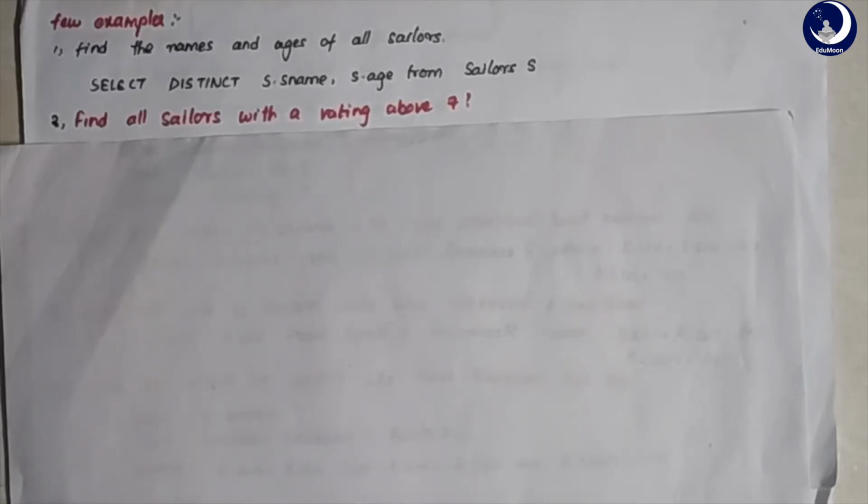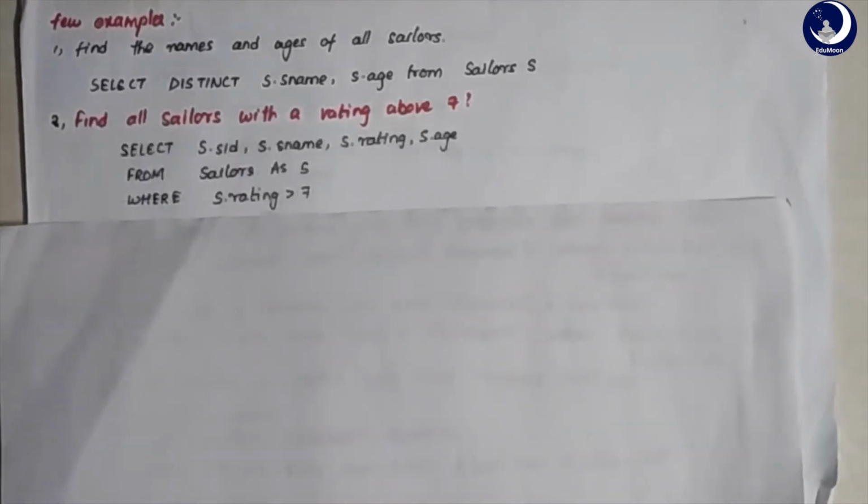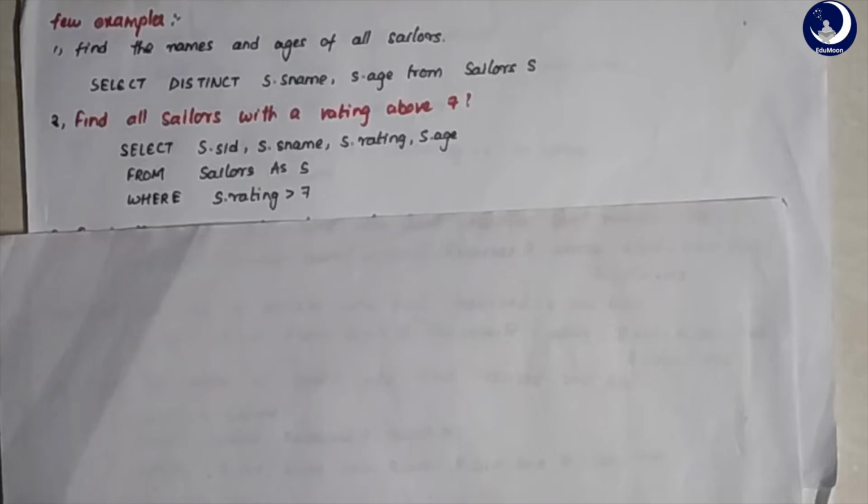We'll select all columns with the wildcard character, asterisk, or you can specify each column name individually, and in the where clause we'll have a qualifying condition, s.rating greater than 7. So the answer is: select s.sid, s.name, s.rating, s.age from sailors as s where s.rating is greater than 7. Instead of specifying each column, you can also use the asterisk, indicating you want all the details in the sailors table about the sailor.